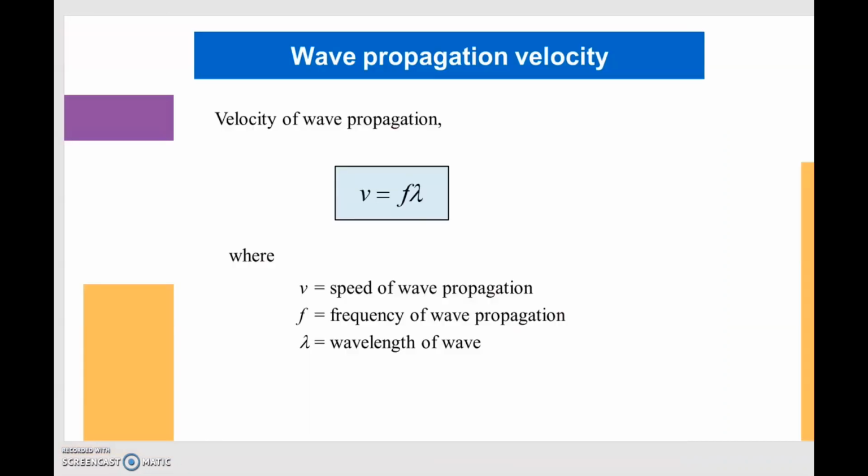Here is the wave propagation velocity, where for the velocity of wave propagation we have v equal to f lambda, or we can have v equal to lambda over T.